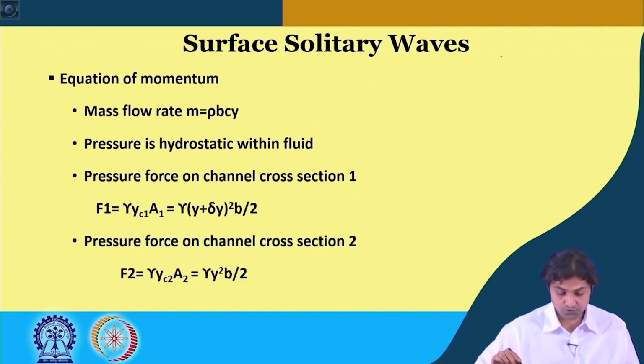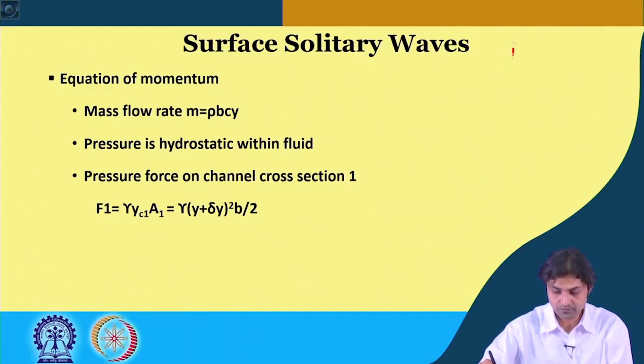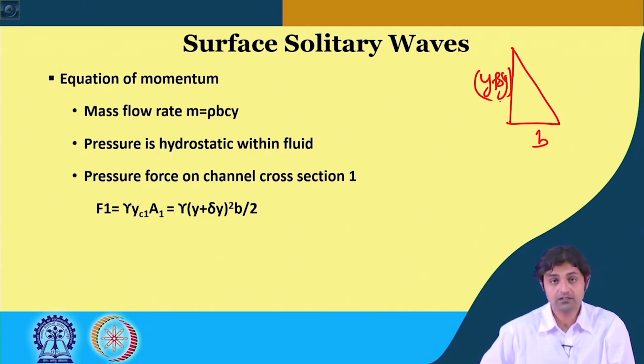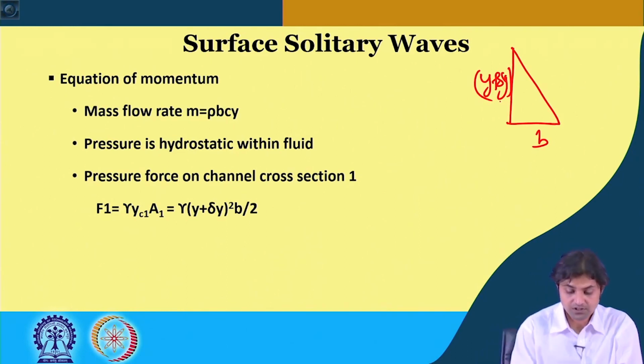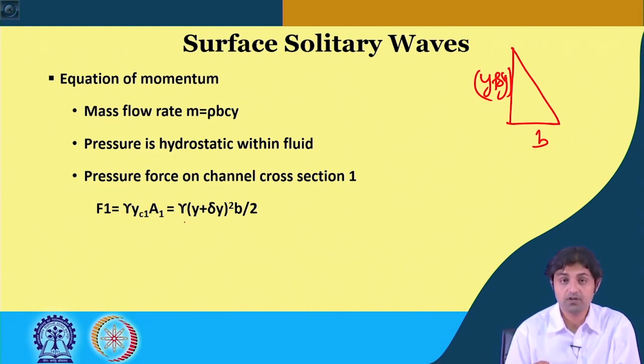If you remember the pressure diagram, this comes to gamma into (y plus delta y) whole square, times b by 2.